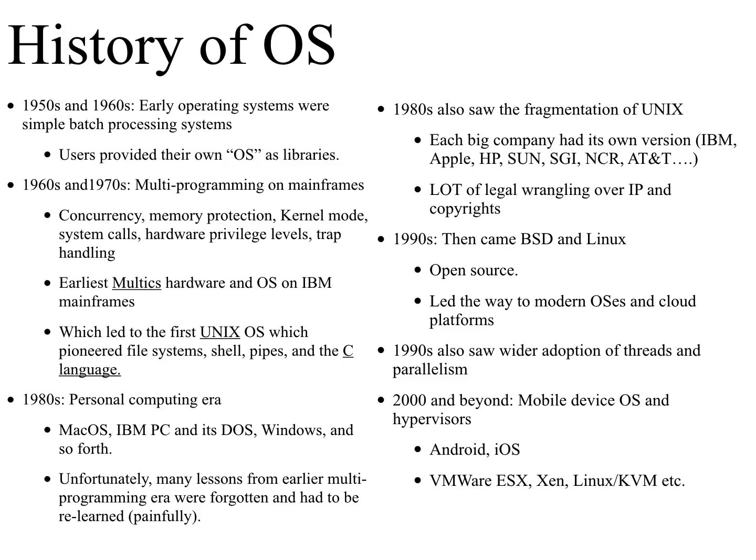The 1980s also saw the evolution of Unix into a number of variants in the commercial space. Various companies such as IBM, Apple, HP, Sun, and so forth had their own versions of Unix operating systems. And a lot of intellectual property issues arose where people started claiming various intellectual components in the Unix OS development.